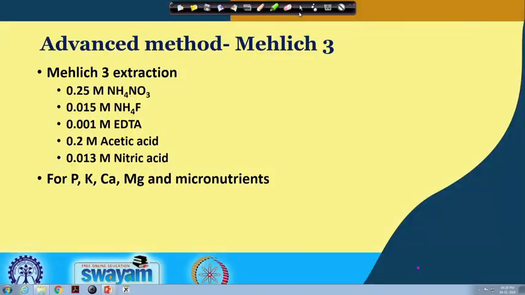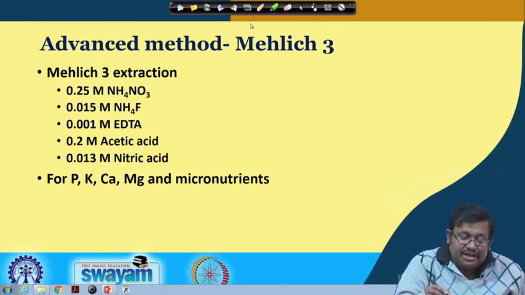But before wrapping up soil testing, let us discuss some advanced methods of soil testing. You know from our last lectures that we have individual extractants for extracting specific nutrients.